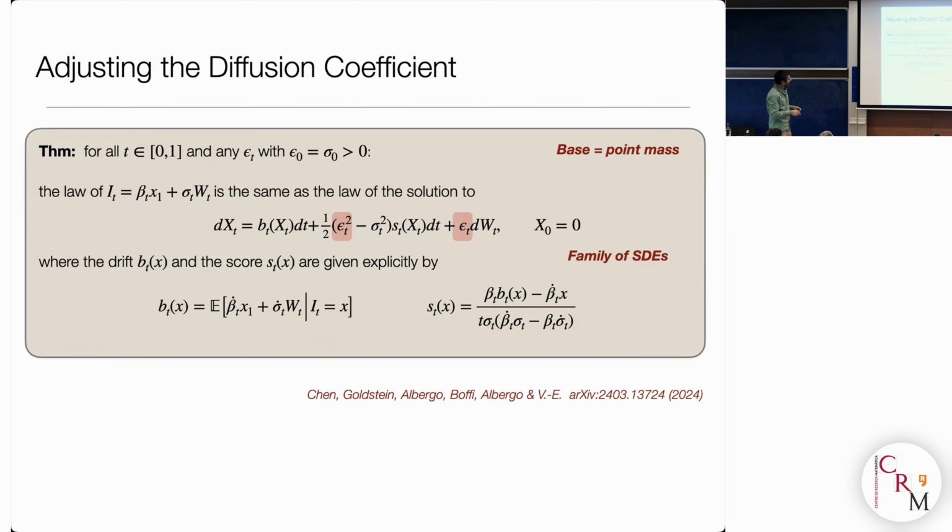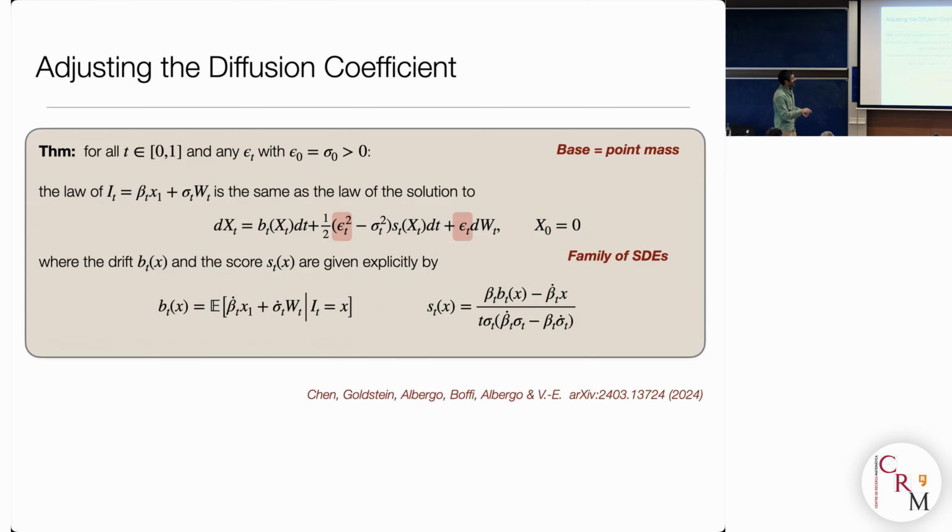And you need to learn this drift, and then the score is expressed in terms of the drift in this way, and you get this diffusion coefficient here, where again, in this SDE, sigma is the noise that you put in the interpolant, but then you can use a diffusion coefficient here which is different from that guy in the diffusion.